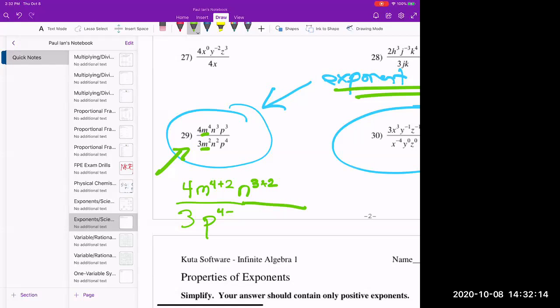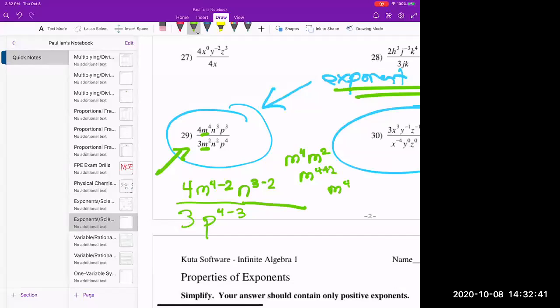Hold on, it's not plus. What am I doing? This is a quotient rule, right? 4 minus 3. So a quotient rule is minus. It's when you're doing the product rule that you add.